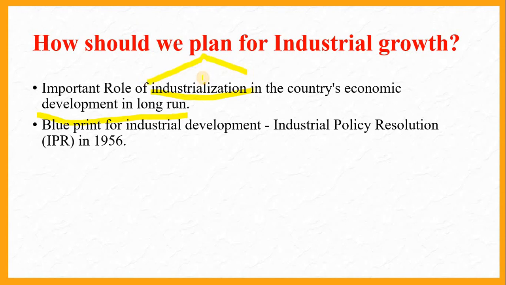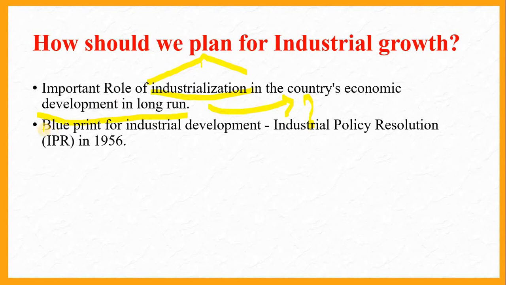Population is increasing. More and more people are being born, and you have to find them employment, you have to give them food, you have to give them clothing. If you don't have industries in the long run, what are you going to do? So that becomes a good question mark, isn't it? So therefore, industrial growth becomes important in the long run as economy develops.